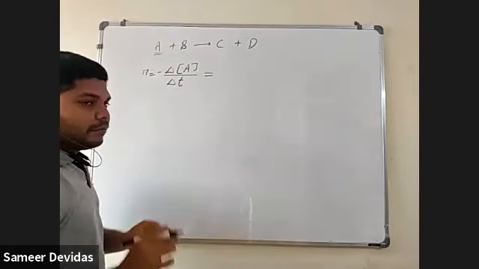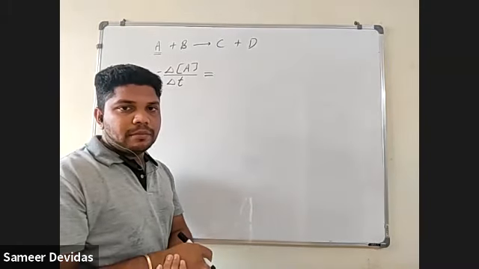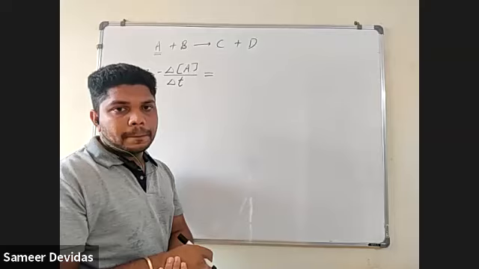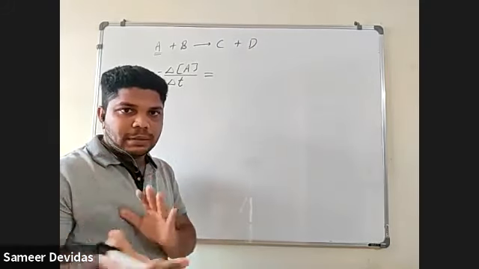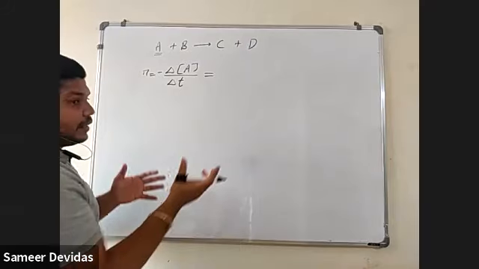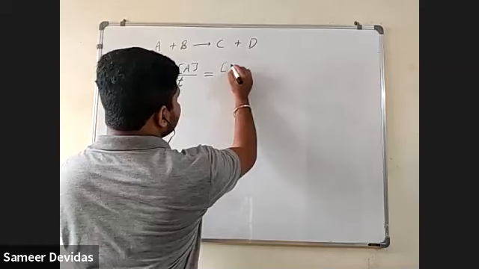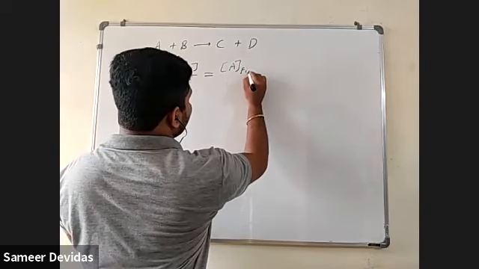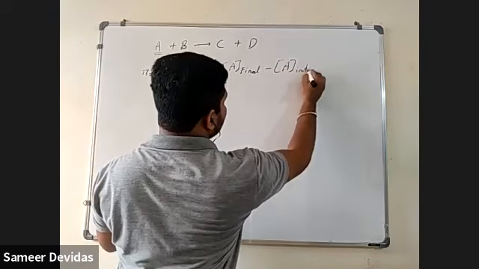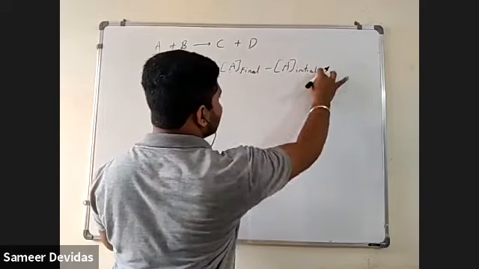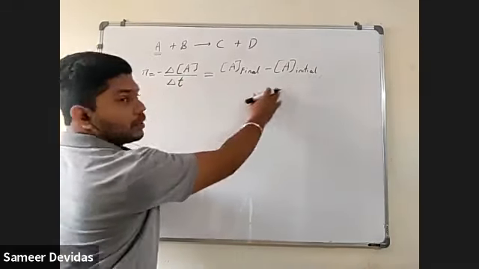Now this is the thing. What does this mean? Delta A, delta T. When you are writing delta, what does it mean? Average. Yes, average means it is a difference between two things. So this delta A, delta T we have written, actually it is concentration of A final minus concentration of A initial. So final minus initial.